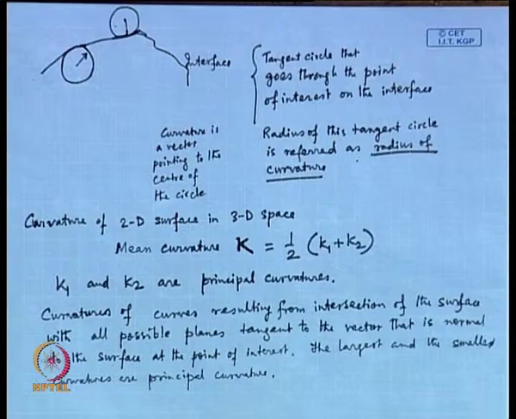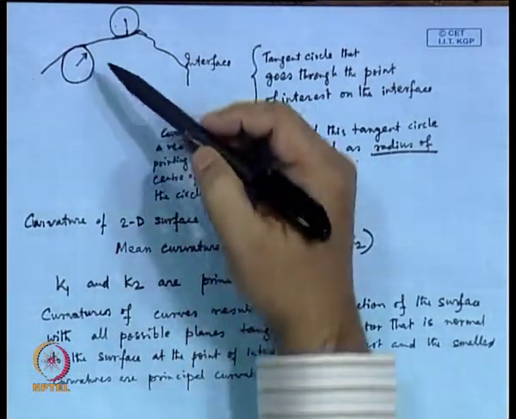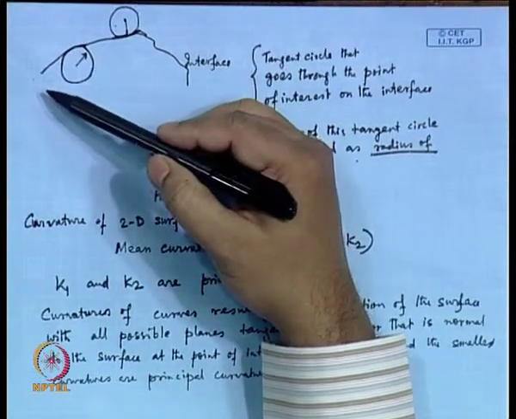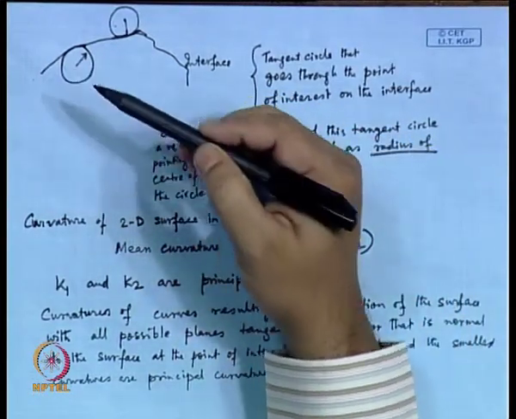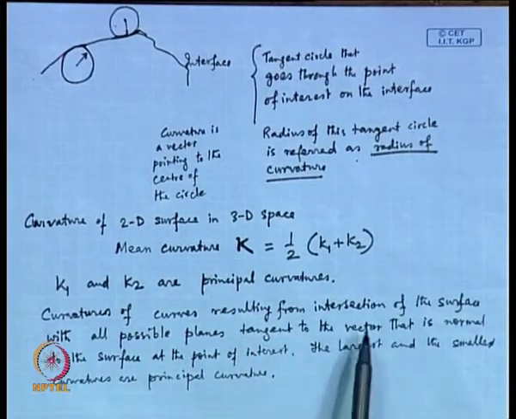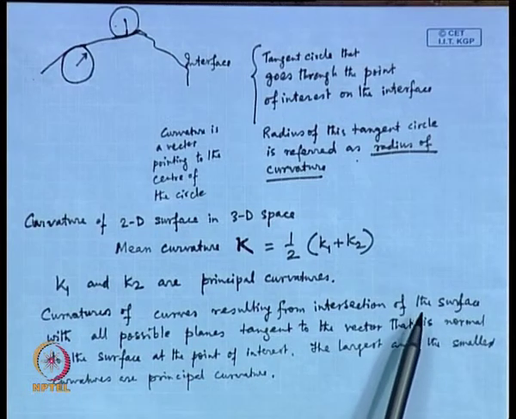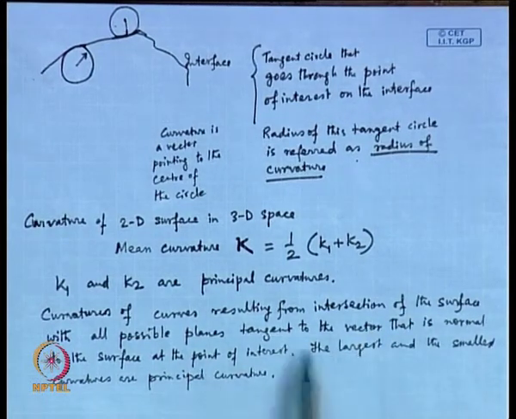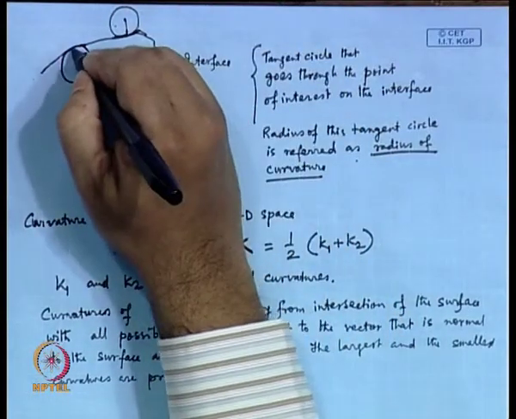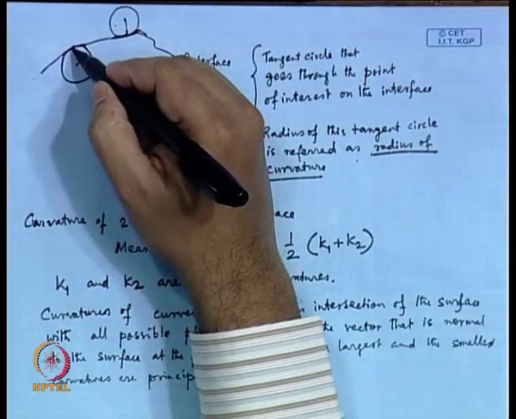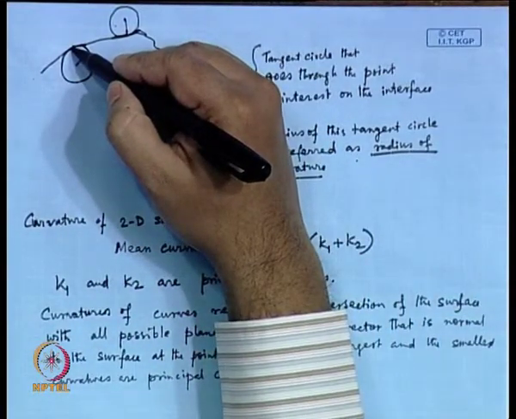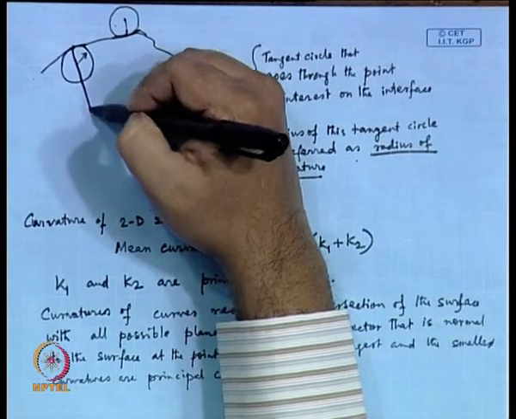So, what I mean here is that in a 3D space you have a 2D surface. So, you can have curvatures of curves resulting from intersection of the surface with all possible planes tangent to the vector. Suppose this is the point of interest. You have something perpendicular to this point of interest.